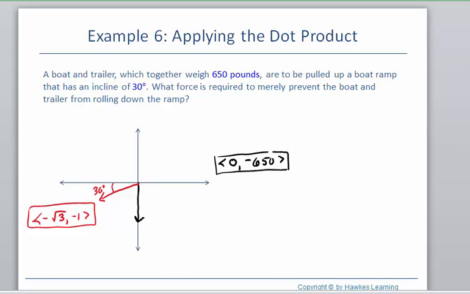We'll leave our two vectors so we can see what we're doing. Remember that in order to calculate our projection vector, on the top part, we do the dot product of our two vectors.